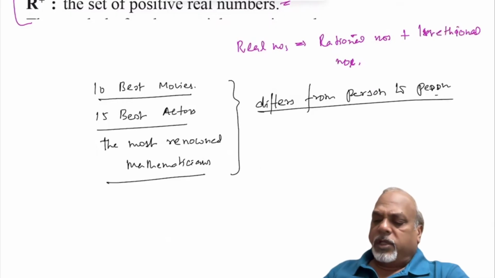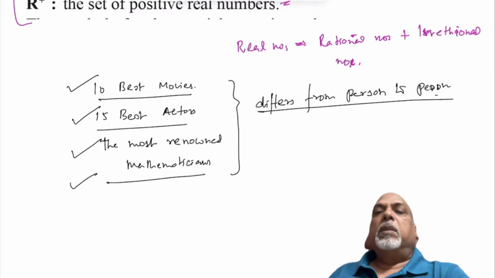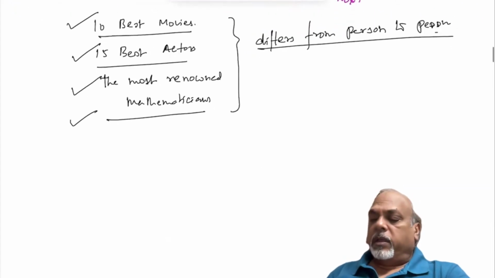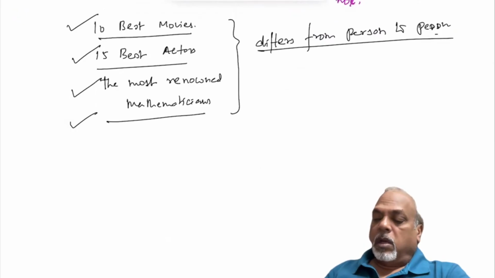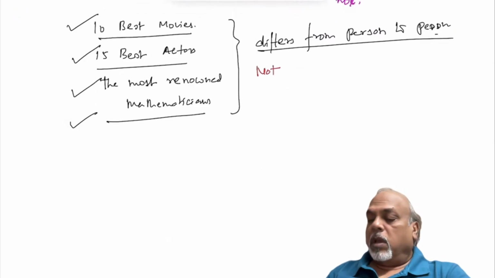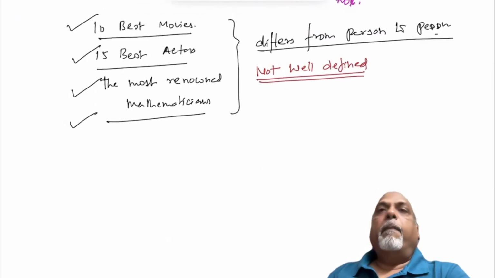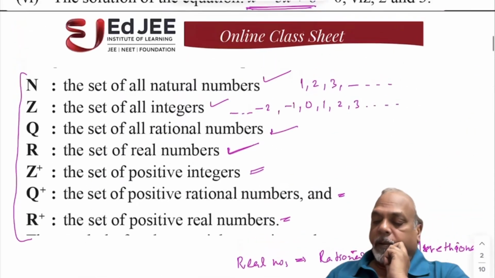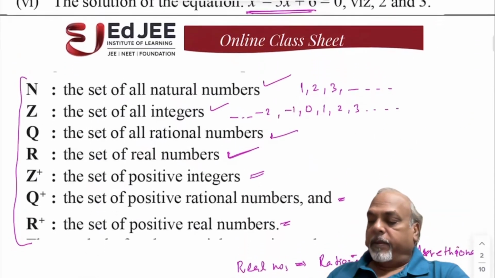Such a collection of data, we can call it not well defined. Correct? Like we have seen here, it is all well defined.